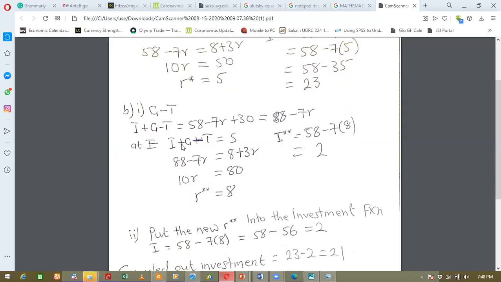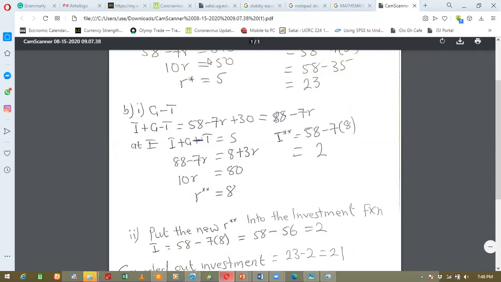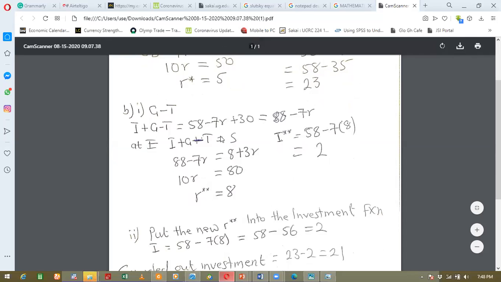So now, as I said, the demand for loanable funds will not only be investment, but you need to add the bond finance government deficit. So we add the 30 to the initial investment function. So now we get 88 minus 7R. Then you equate it to the initial savings function, just as before. We group like terms. So now we have 88.